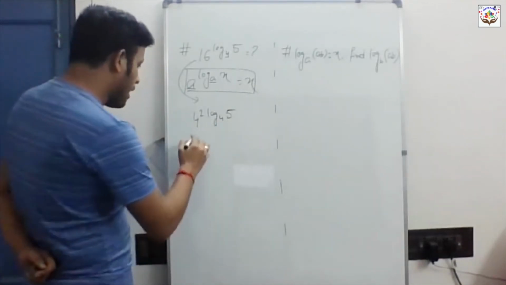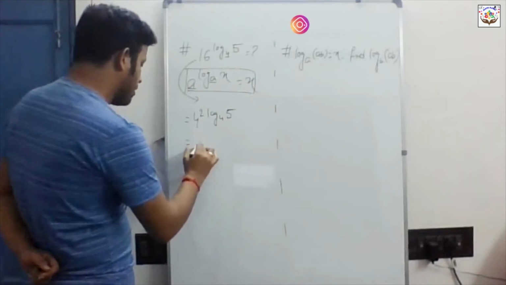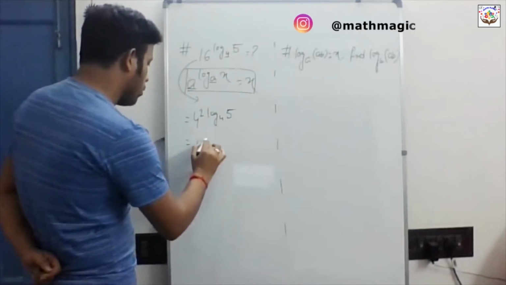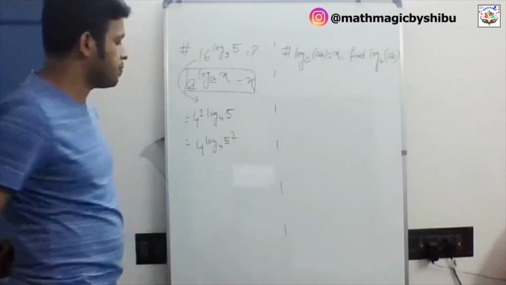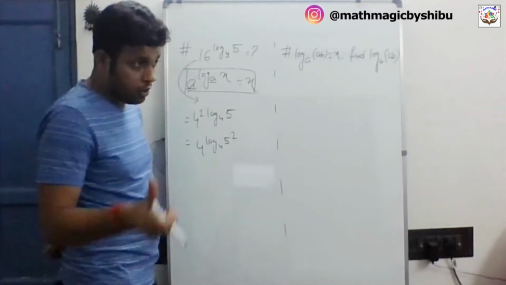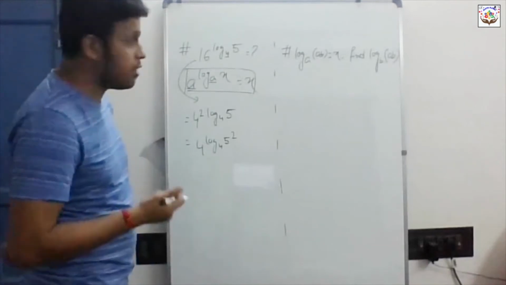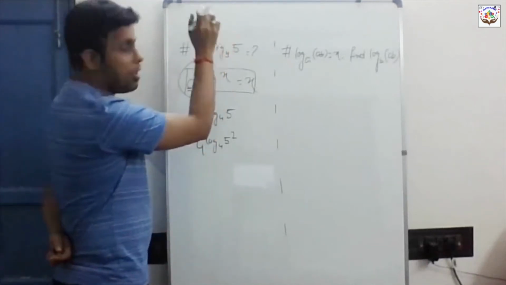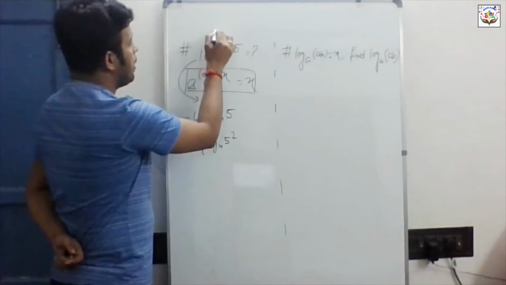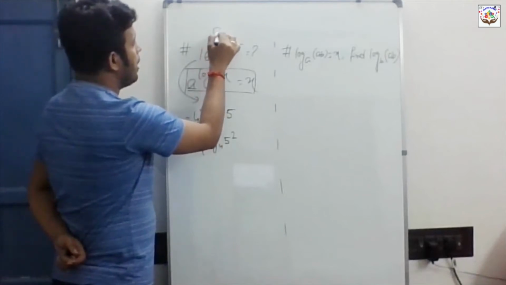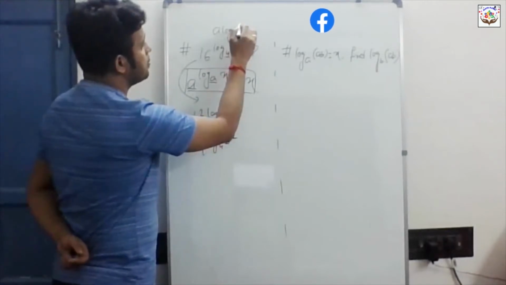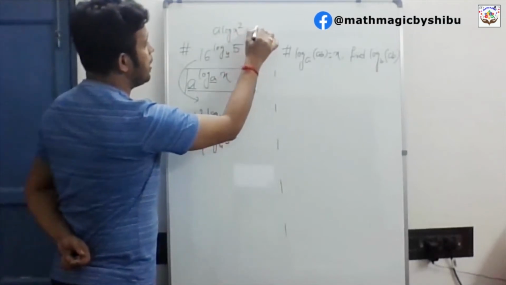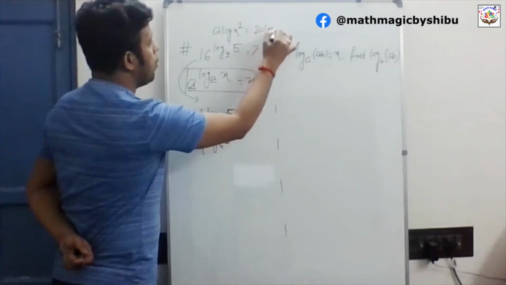Now can we write this one as 4 to the power log 4 of 5 squared? Because as per the formula of logarithm, what we know, I hope you can see this part, a log x squared can be written as 2a log x.